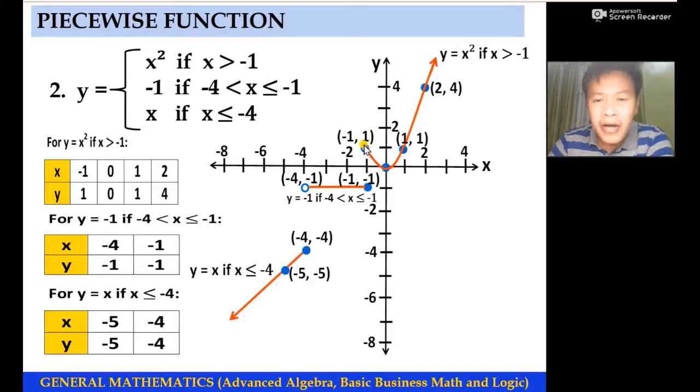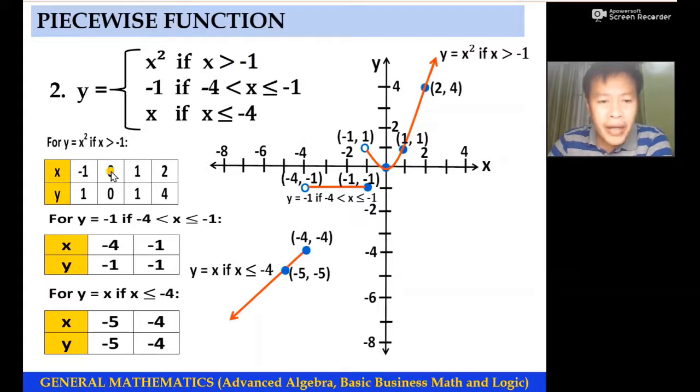This is it. Now, take note, do not shade the point because this point is not a part of the graph. Because negative 1 is not a part of the domain.